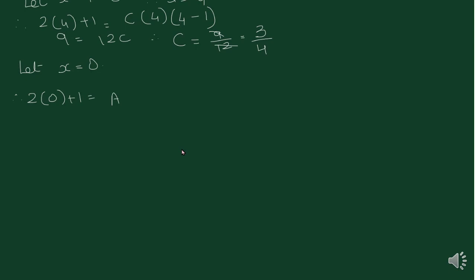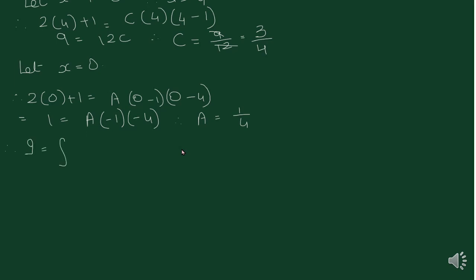So we get a into 0 minus 1 into 0 minus 4. So we get 1 is equal to a into minus 1 into minus 4, and therefore, simplifying, we get a as 1 upon 4. Thus we got all our terms a, b and c.